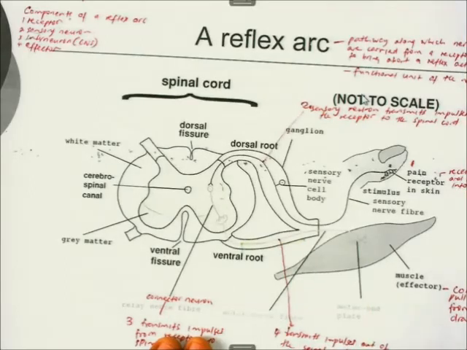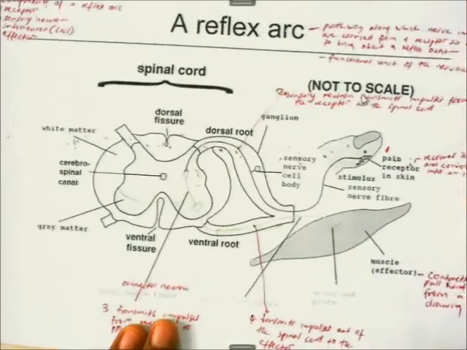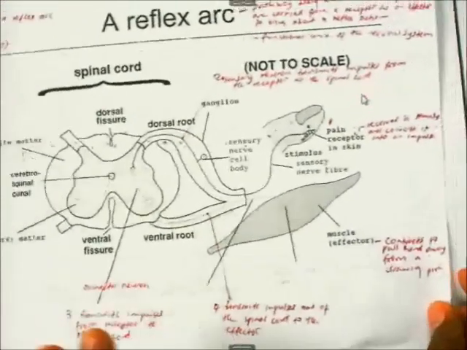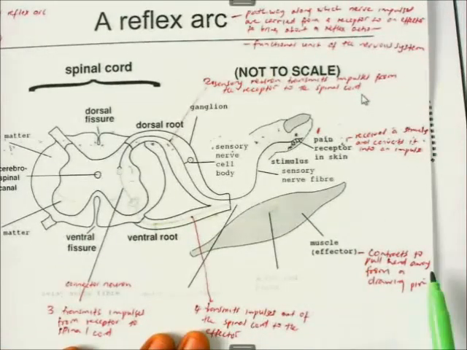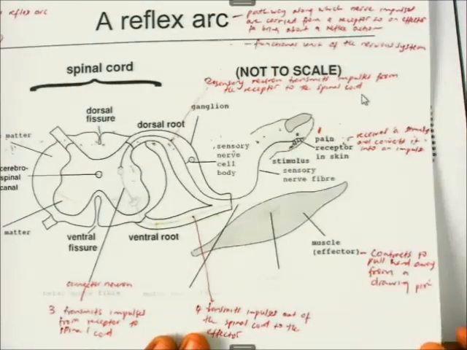And then we have the last component of a reflex arc, which is called an effector. So the effector is a muscle or a gland. The main function of a muscle is to contract. So now when it contracts, it enables you to pull your hand away from a stimulus.